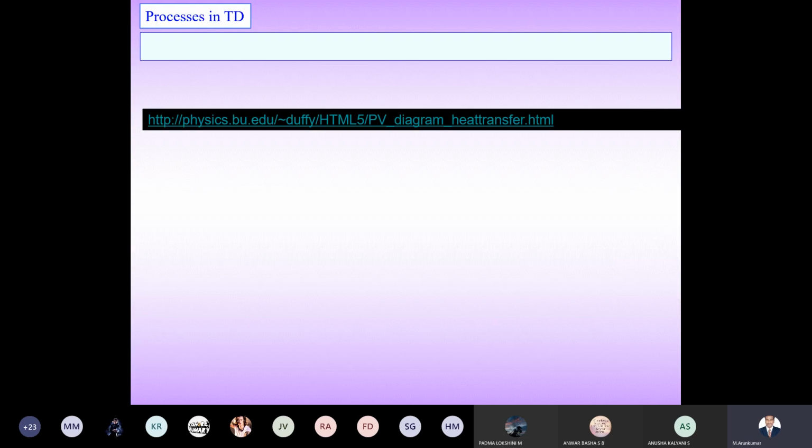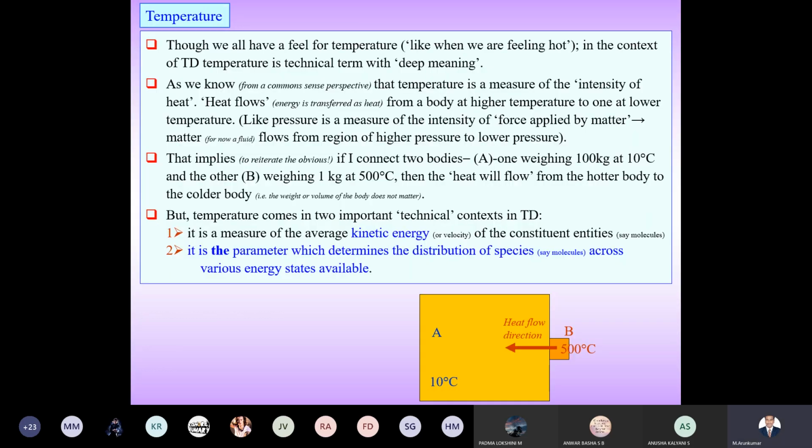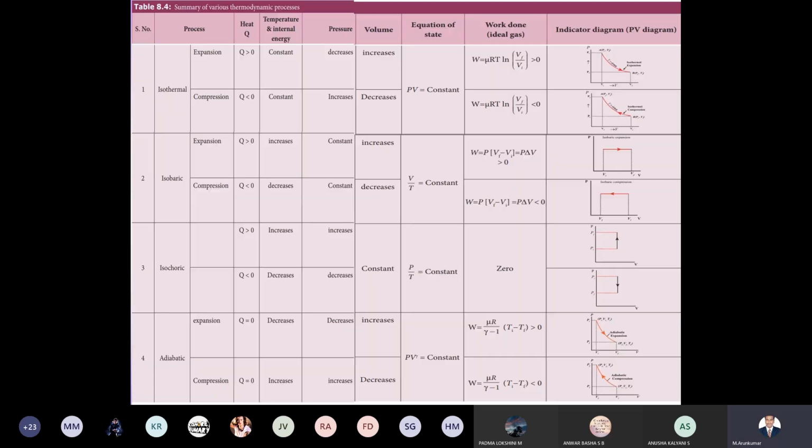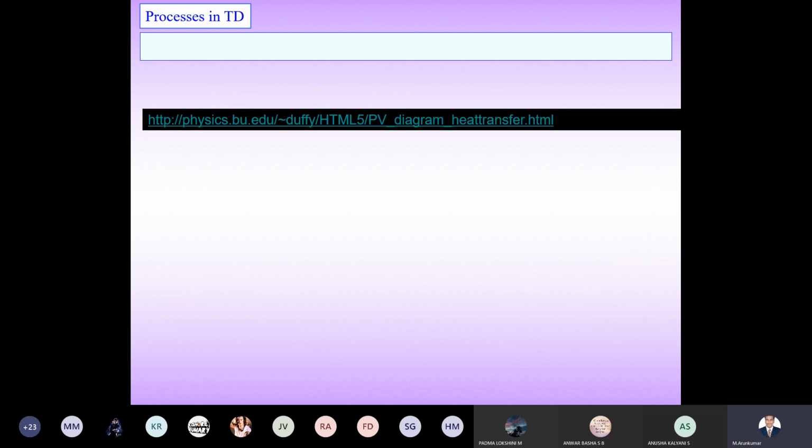So we'll look at that later, I think. Can you see the page? Anyone of you? Some special thermodynamic processes.